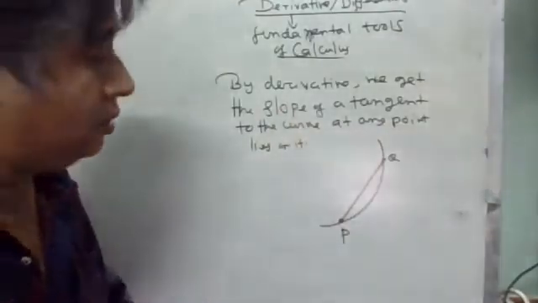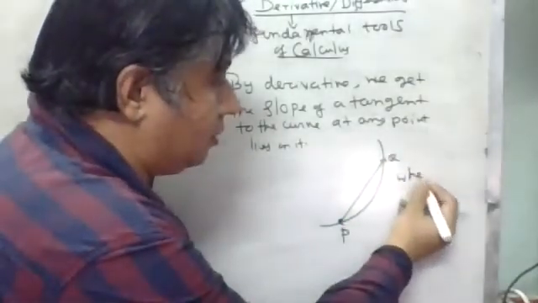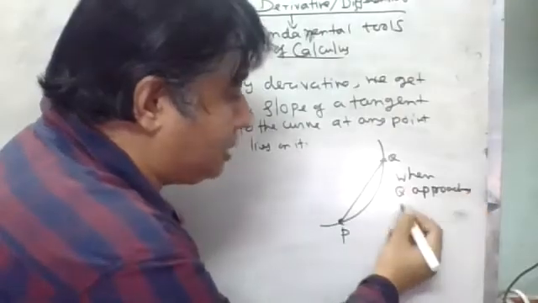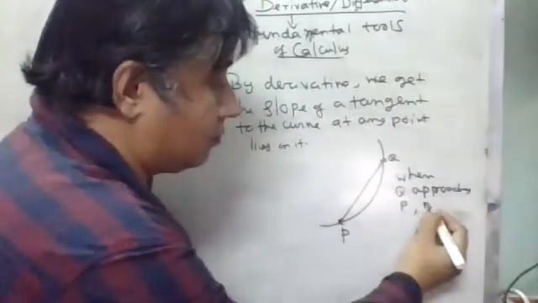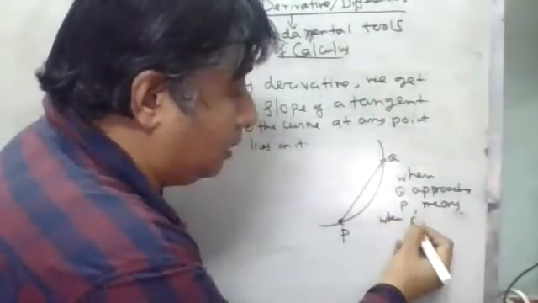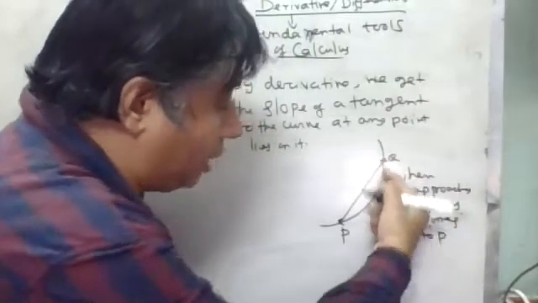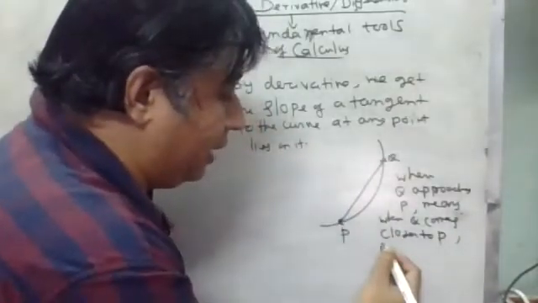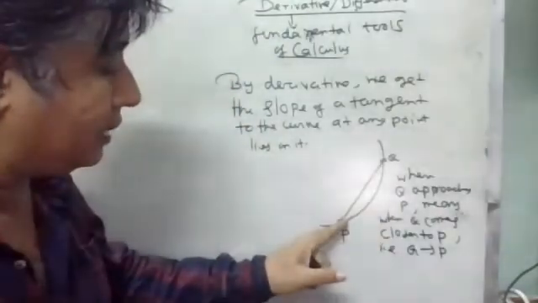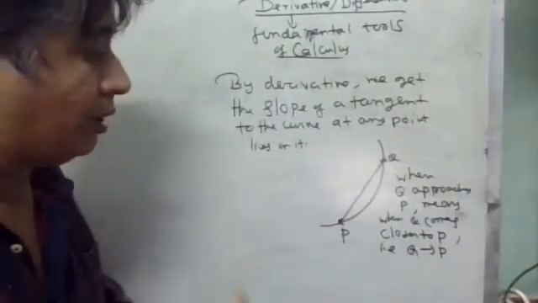Now when this Q approaches P, when Q comes closer to P, that is, Q is tending to P, and tending, or tends to, you were taught in limit.